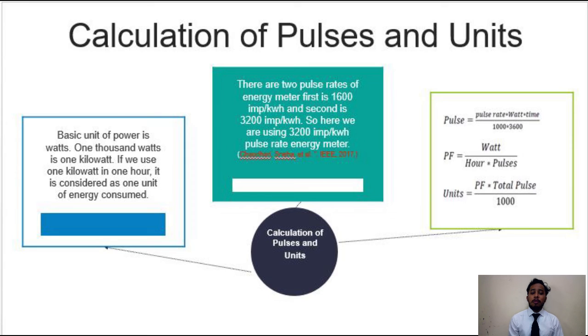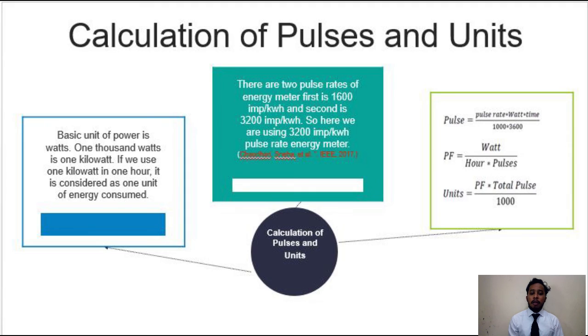So here we use, for example, the 3200 impulse per kilowatt hour pulse rate energy meter. How to find the pulse? First, the pulse we get from the energy meter, and after that we calculate the pulse rate with the watt and time over 1000 divided by 3600, based on the type of meter we use.